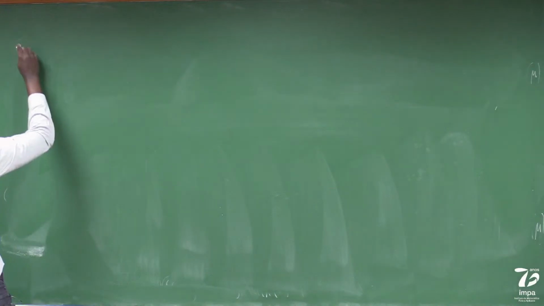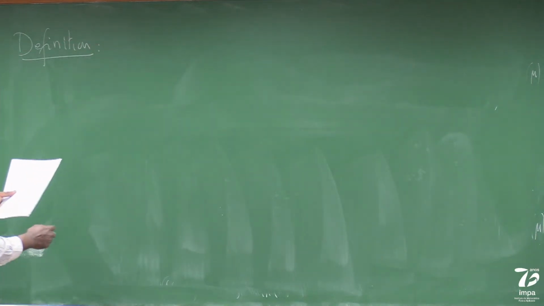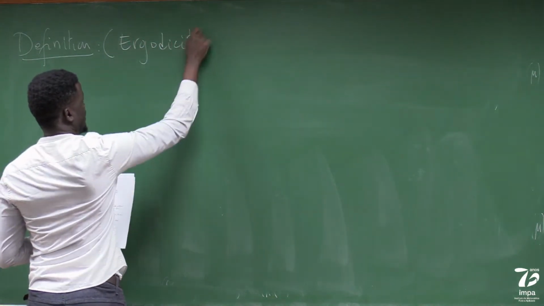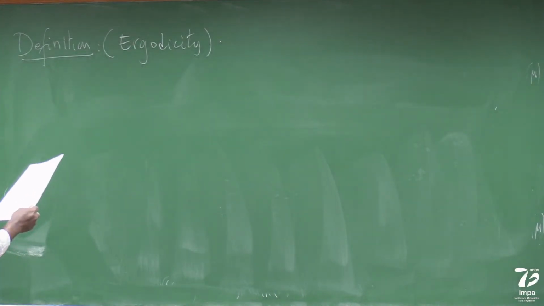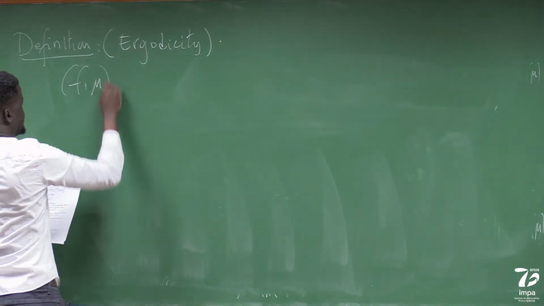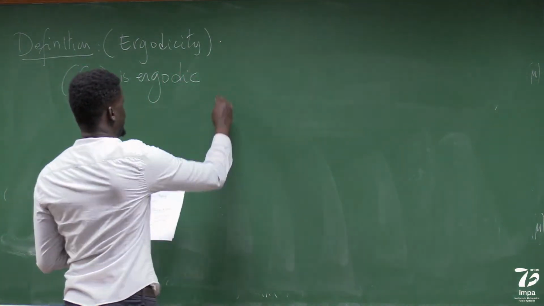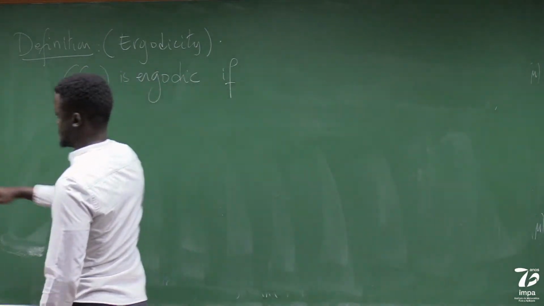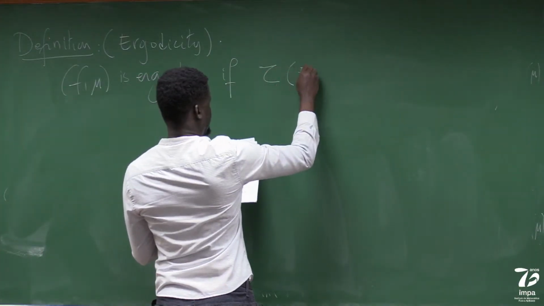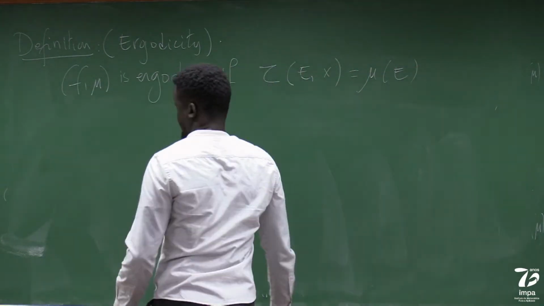So, definition. This is a definition of ergodicity. f, mu is ergodic if this function is constant, this guy here, if tau of E of x equals the measure of E. Oh, by the way, I forgot.